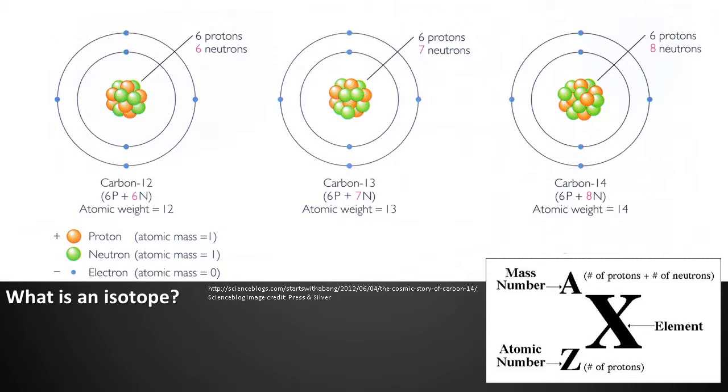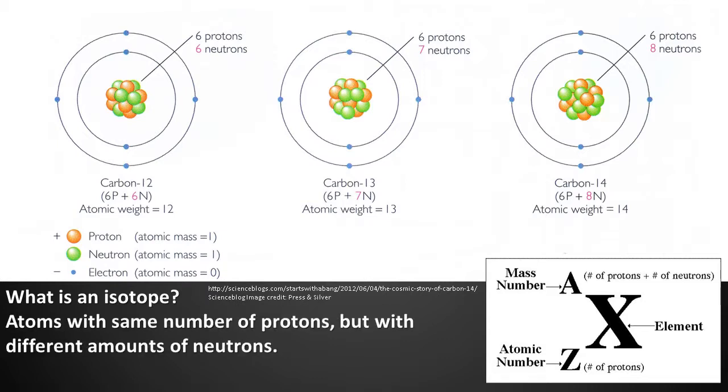And because of this, they have different atomic weights, 12, 13, and 14, which lead to the names of these different isotopes. Carbon-12, which has an atomic mass of 12, carbon-13, which has an atomic mass of 13, and carbon-14, which has an atomic mass of 14.